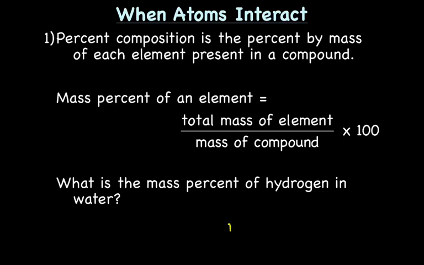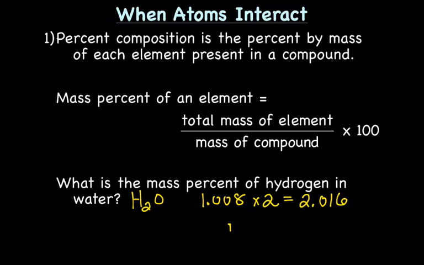So water is H2O, and it's made up of 2 hydrogens and 1 oxygen. So the mass of hydrogen is 1.008, but there are 2 of them, giving us a total mass of hydrogen of 2.016.